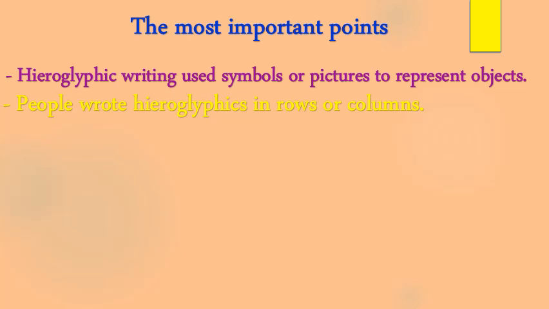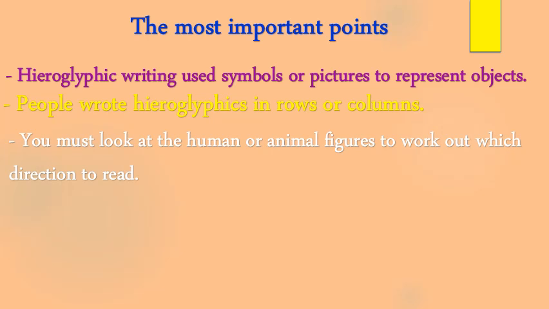People wrote hieroglyphics in rows or columns. In the case of rows, you must look at the human or animal figures to work out which direction to read.